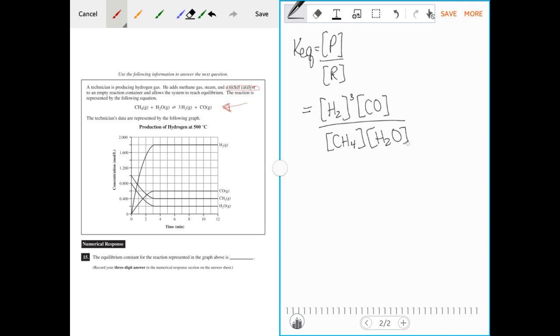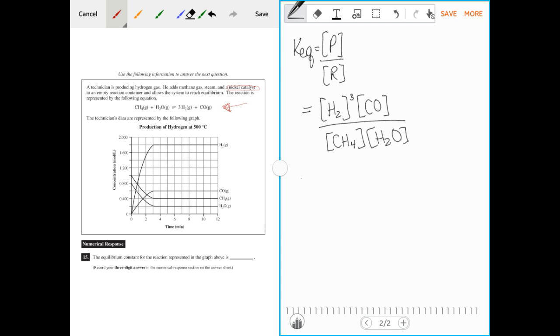Now, because water is a vapor, it's a gas, I can include it in my equilibrium system. Don't get tripped up because we don't include water with our acids and bases. When it's a liquid water, we do not. When it's gaseous water, we do include it. So make sure you include that in your equilibrium system.